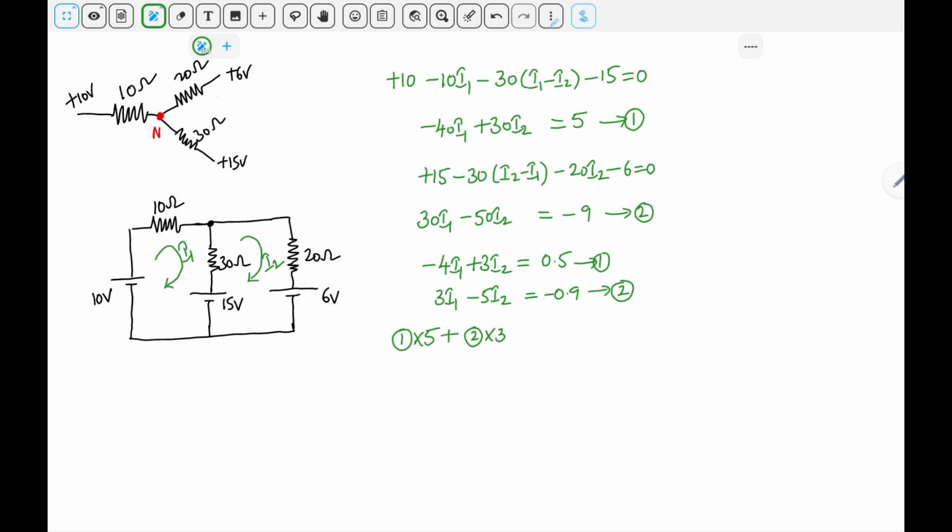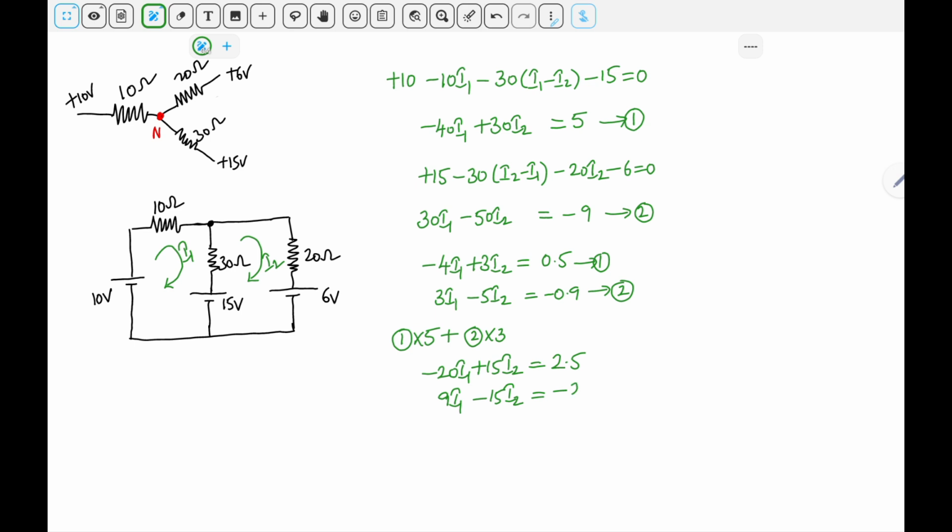The first equation multiplied with 5 gives minus 20 I1 plus 15 I2 is equal to 2.5. Next, the second equation multiplied with 3 gives 9 I1 minus 15 I2 is equal to minus 0.9 into 3, which is minus 2.7.